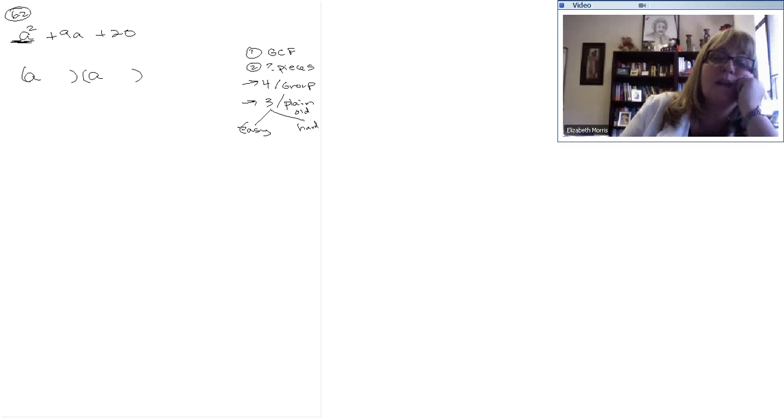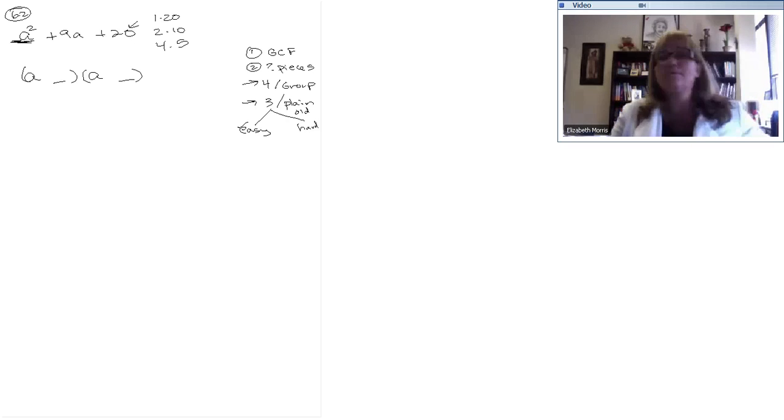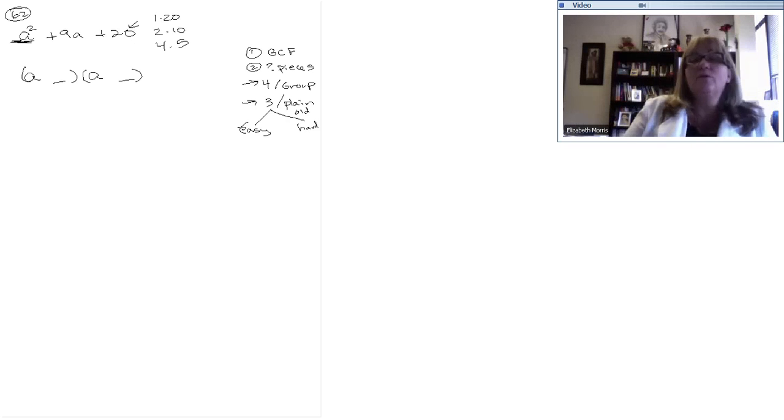Now, the second part of the parentheses comes from the last number. 20 is either 1 times 20, 2 times 10, or 4 times 5. We don't know which one, but what tells us which one is this: which ones add up to 9? 4 and 5 add up to 9.